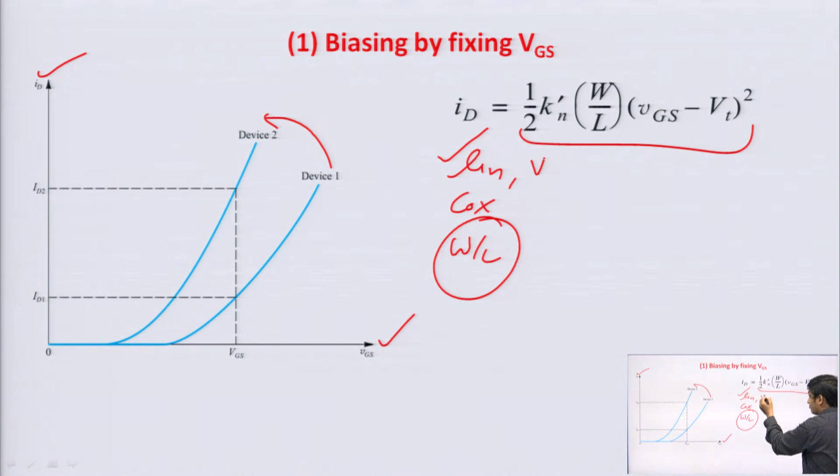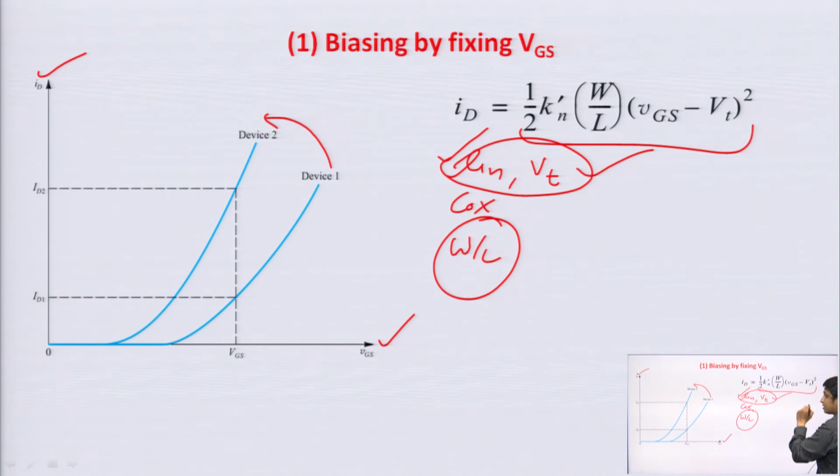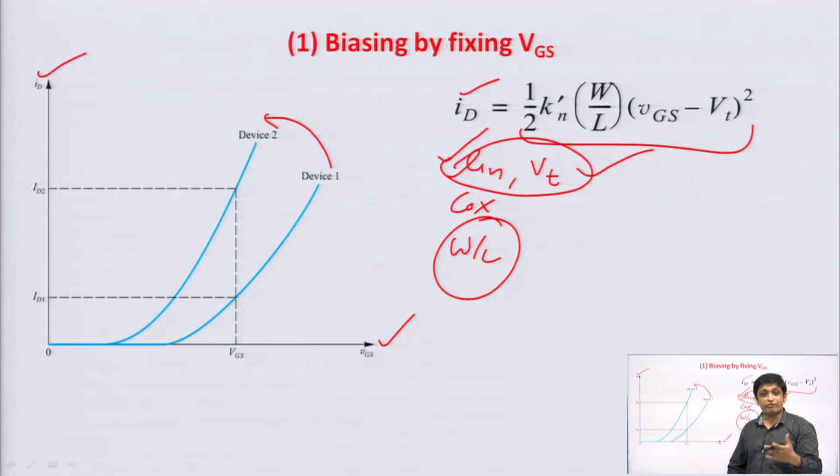Vt is the threshold voltage, mu n is the mobility of the electron, and it is a temperature dependent parameter. If the temperature changes, then mu n and Vt will change, and then your drain current will change. Again the same thing, we need to fix this drain current, that is why we are doing this biasing, that is why we are studying this biasing.